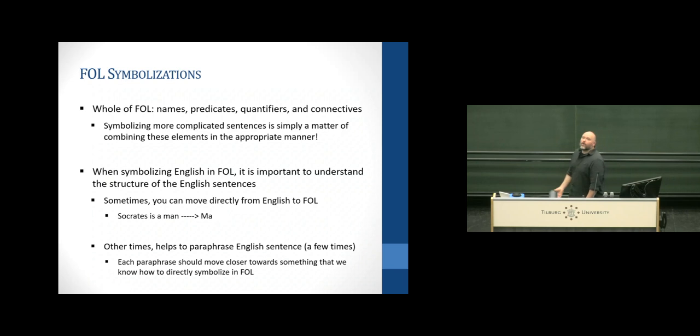So, the whole of first order logic is going to be names or variables, predicates, quantifiers, and connectives. We're going to be able to symbolize more complex expressions or sentences of English because we have these subsentential parts that TFL just didn't have.